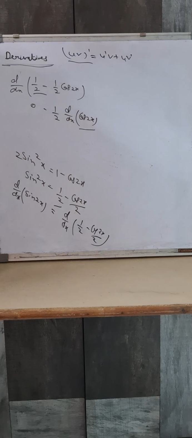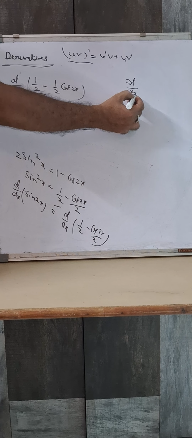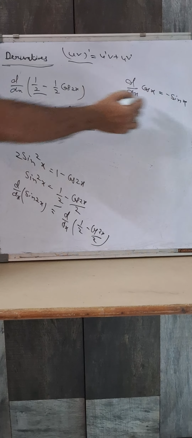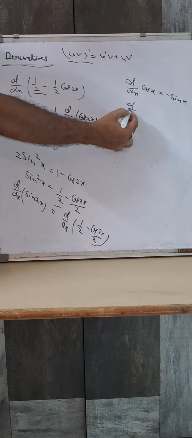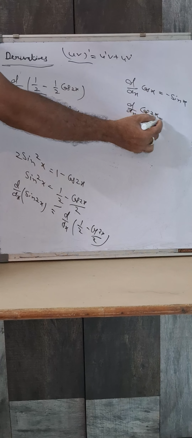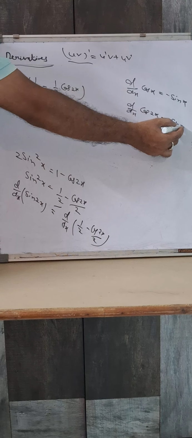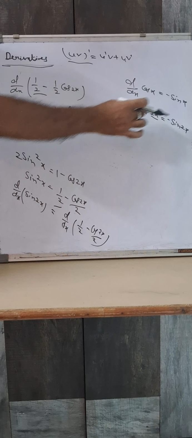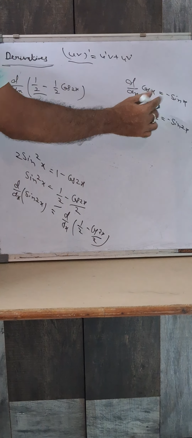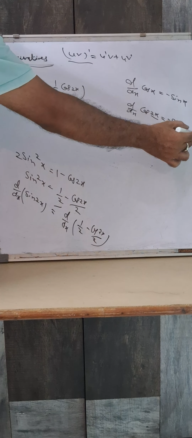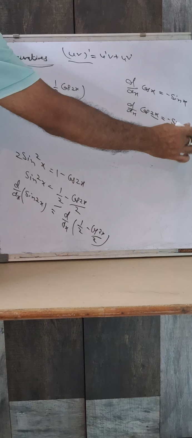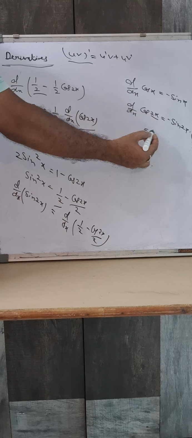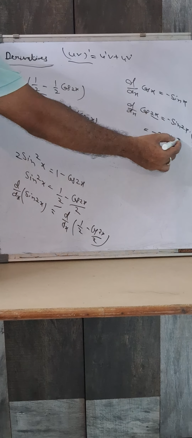We know that differentiation of cos x is minus sin x. But here it is 2x, so differentiation of cos 2x will be minus sin 2x, and whatever is there, we will differentiate this function. Differentiation of 2x will be 2. So that will be minus 2 sin 2x.